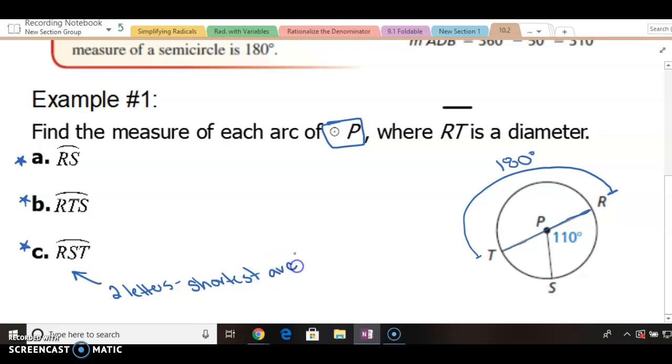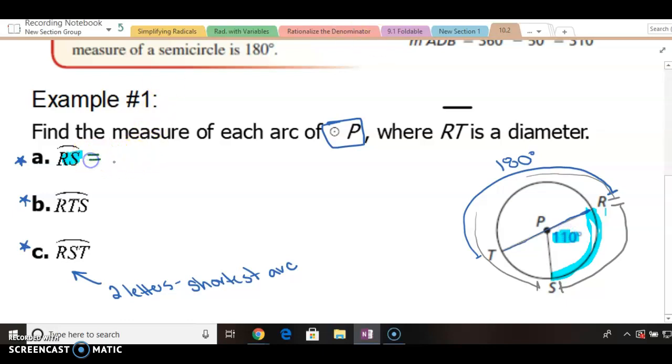For example, the first one we have is RS. We could say RS is from here to here, or we could say RS is from here all the way around to here. We're going to go the shortest way. Because we're going the shortest way, we're talking about this arc here, RS. What we learned above is that the measure of this arc is the same as the measure of this central angle.